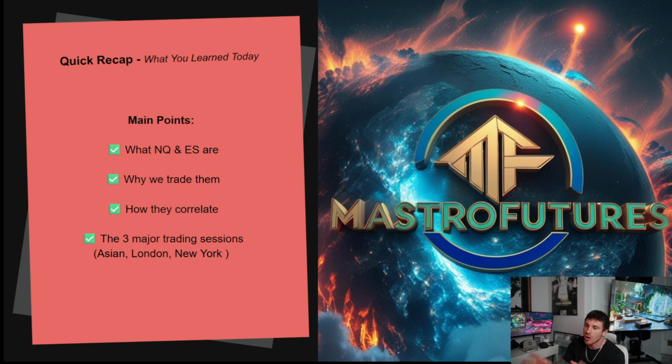But again, overall, these are the 4 things you guys should have learned today as a beginner trader in this video, and I hope that they're helpful because again, I put in the time and the effort from taking all my notes that I've studied over the past 3 years, especially with the futures market, to help put this in there for you guys and help speed up the process so you understand what trading NASDAQ and ES actually is, and maybe you want to dive into it or not.